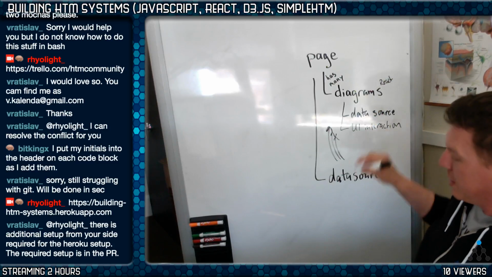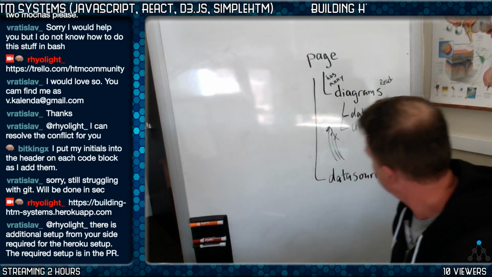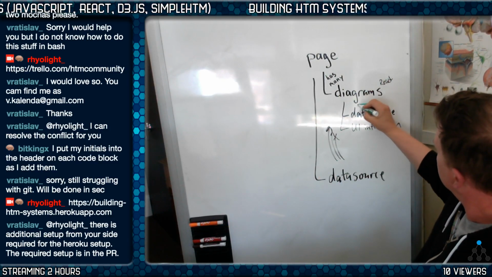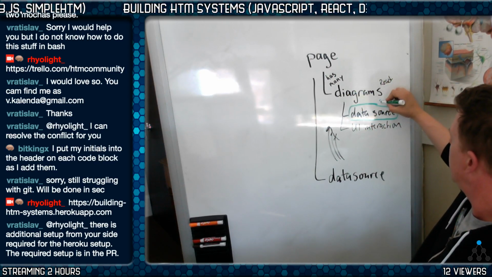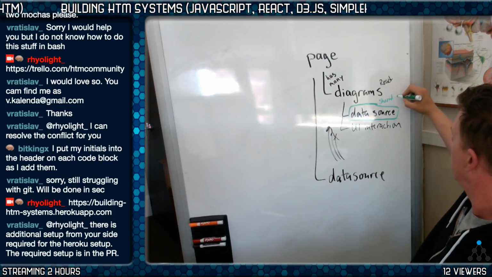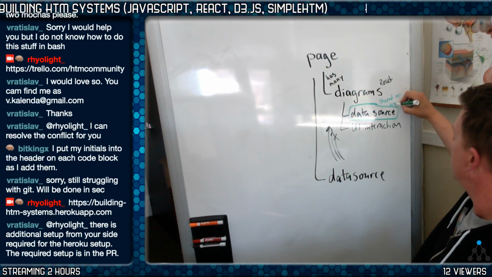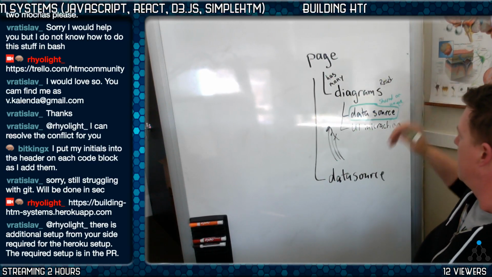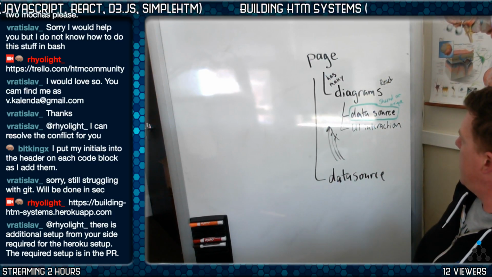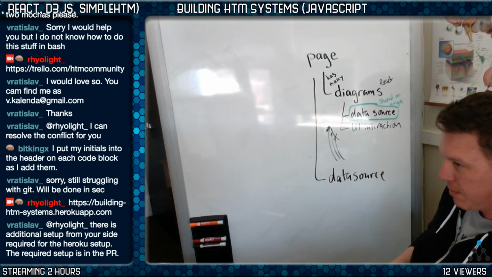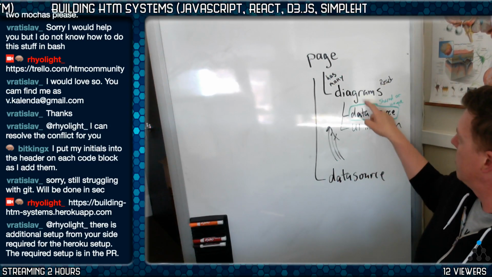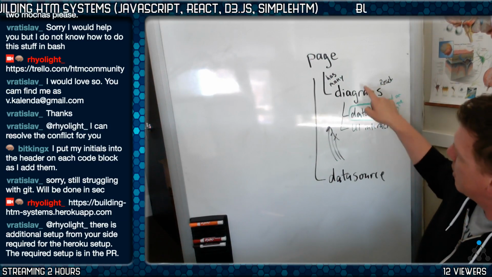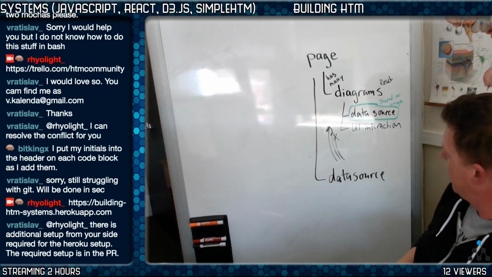So this data source needs to be flexible, so it can be shared or unique. And the tricky part is the UI interaction might change the data source. Changes to the data source are updated in the diagram.